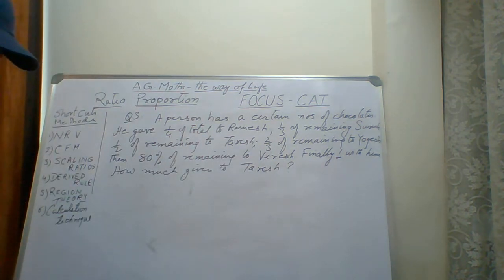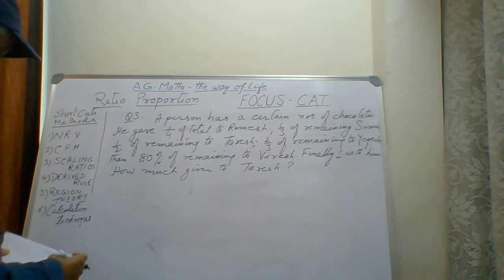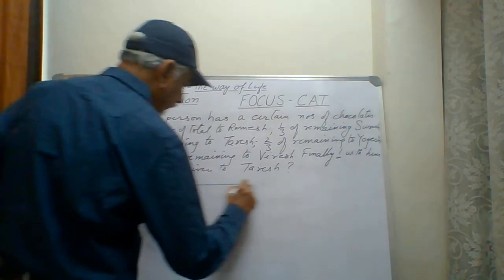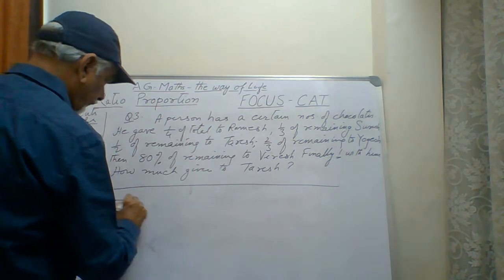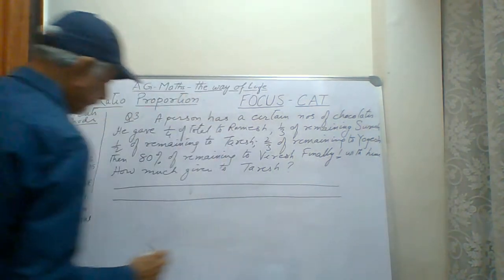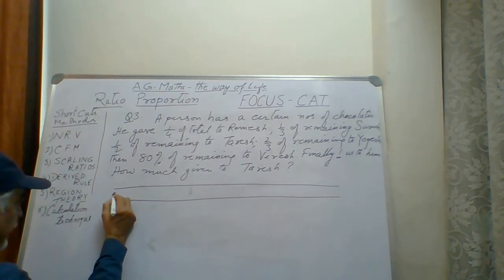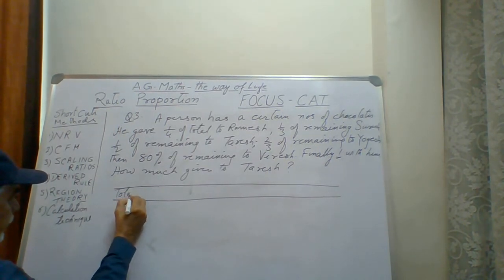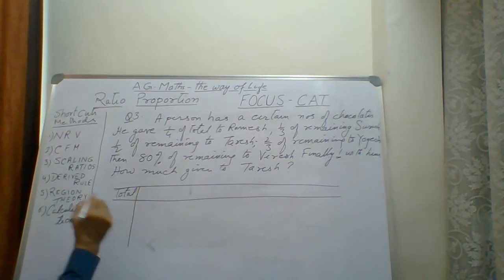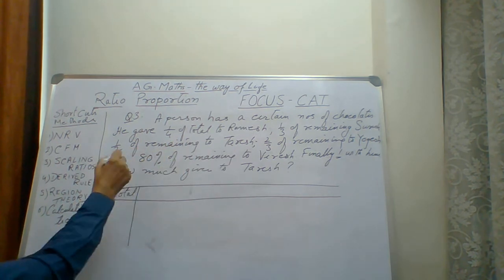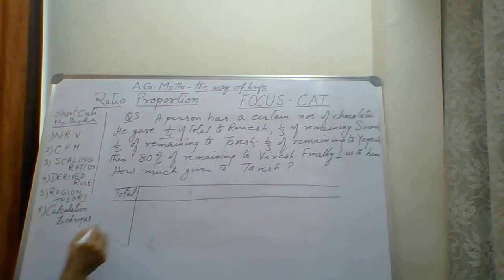Right. For doing this question, what we do is we make some sort of table. Initially, let us suppose he was having 4 chocolates, because we have to find out 1/4. So we'll say he had 4.